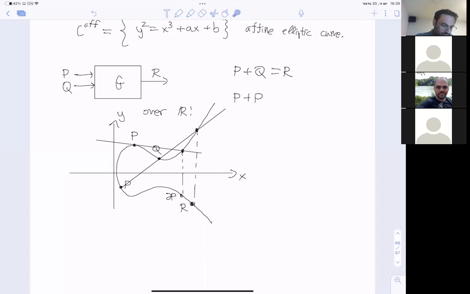If these are 2 different points, then we take the intersection reflection. And if it's the same point, it's the same thing actually, because it's getting closer and closer until it becomes the tangent. So again, P plus P, it's here, 2P.